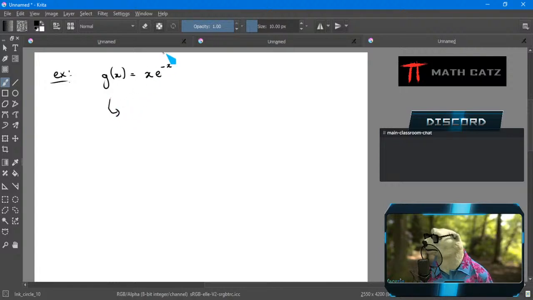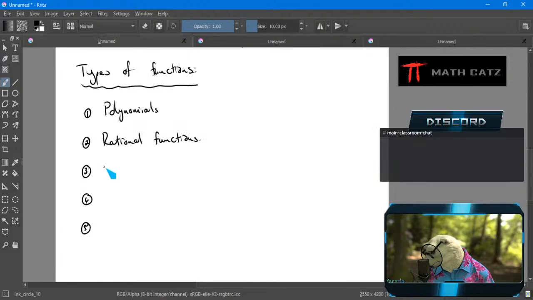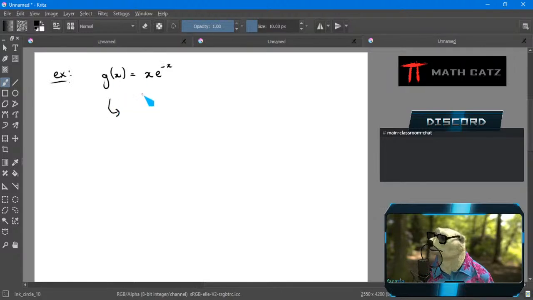So let's call that exponential components. This is not official. It's not really a classified type of function, but I'm going to classify it: anything that has an exponential function somewhere in it.